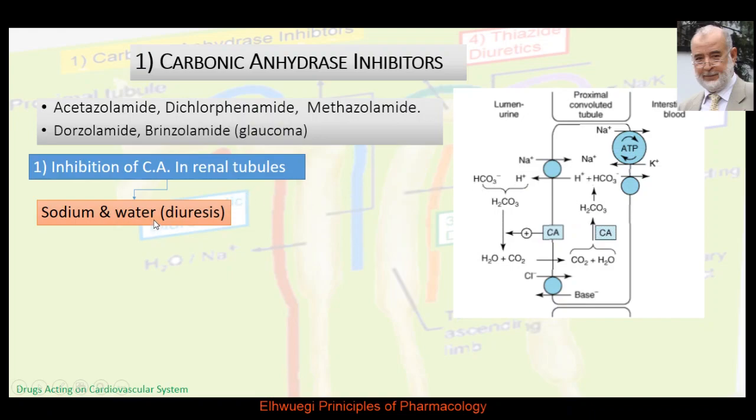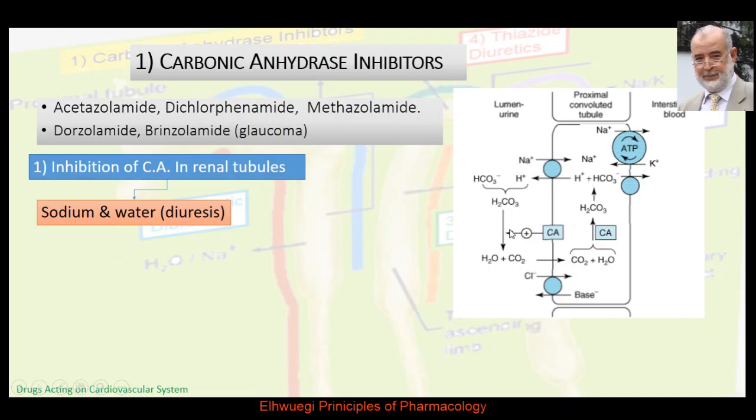So when acetazolamide is used as a diuretic, it is used in certain cases where there is metabolic alkalosis. Usually they are used as diuretics in edematous conditions where there is metabolic alkalosis.